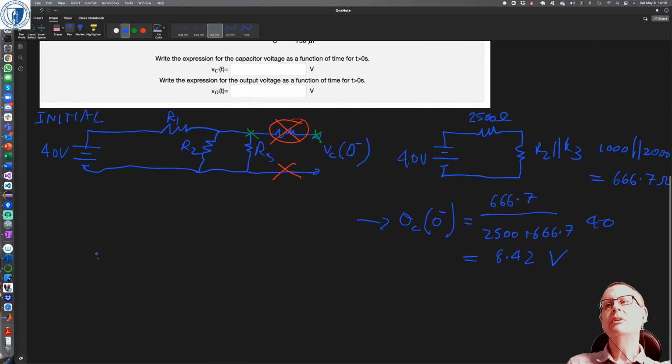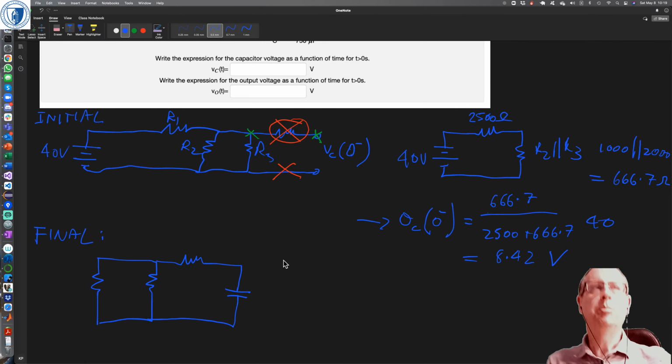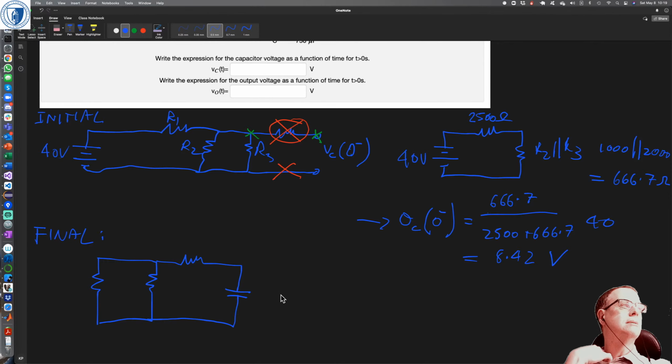So the final condition is going to look like that. But again, we've got to remember there's 3 numbers we need. We need the initial condition, we need the final condition, and we need tau, the time constant, right? And tau is RC.